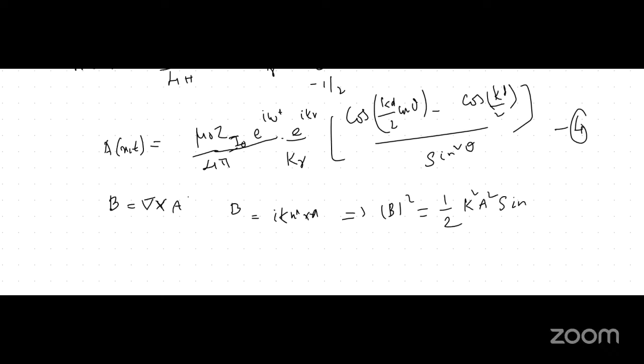Now if you substitute this value, half k square A square sine square theta, in place of A here, we have already derived the value of A in the previous equation.